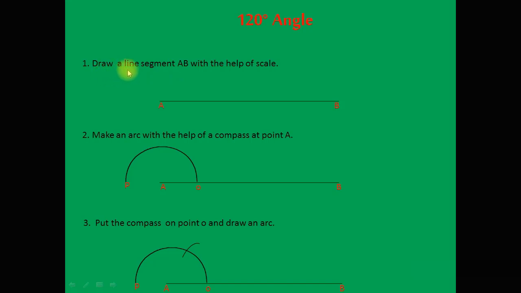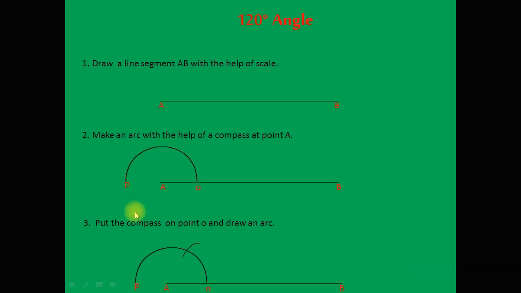Now dear students, if we are constructing a 120 degree angle, the first procedure is similar. First of all draw a line segment AB with the help of a scale. Now if you want to draw a 120 degree angle at point A, put the compass at this point A and open the compass to a radius of 1 centimeter, 2 centimeters or 3 centimeters. It depends on your choice. Draw an arc.